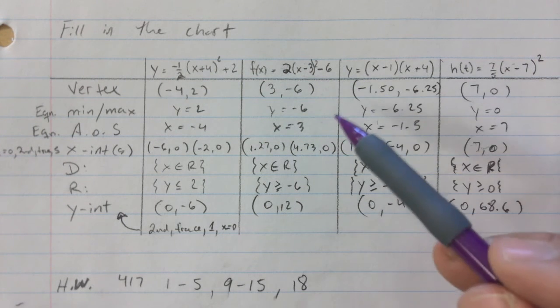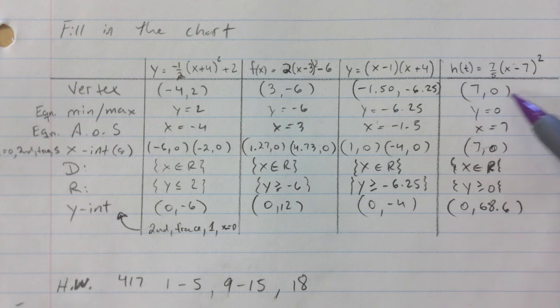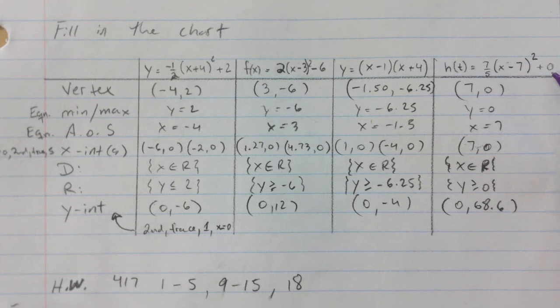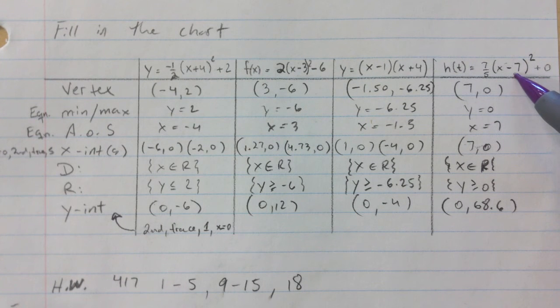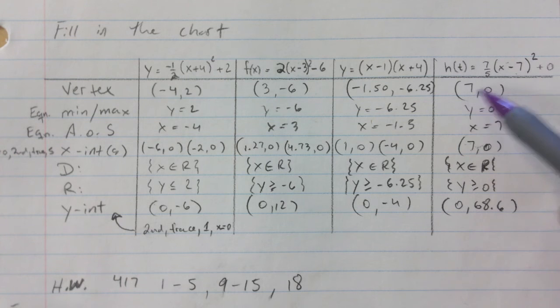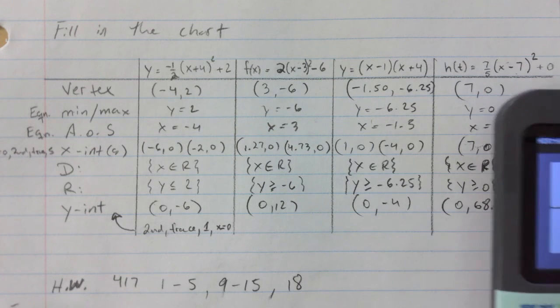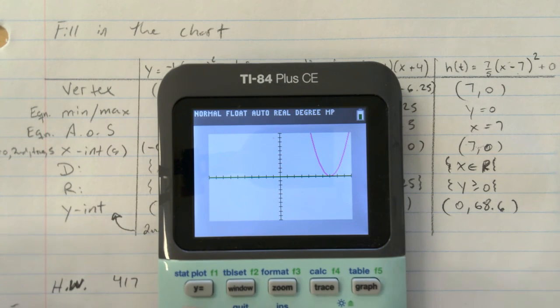Okay, so if they're in descriptive form, then that's what you do. Here, this is technically a +0, like k is kind of hidden. So my vertex is 7 positive, and the 0 comes from here. But you could also use your calculator: second trace 3 for minimum. So there it is.